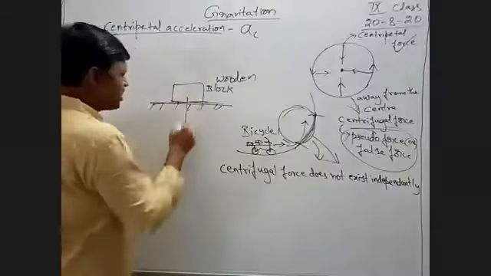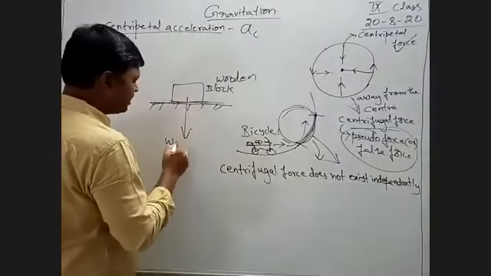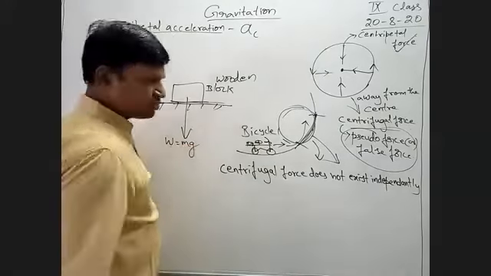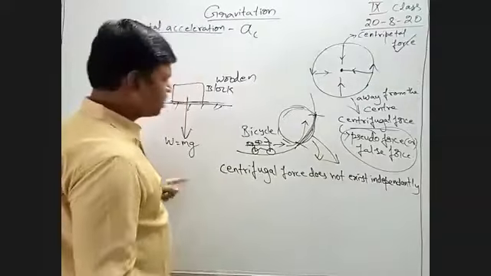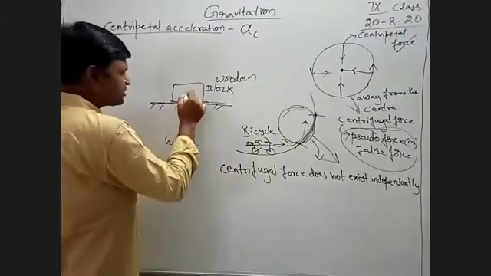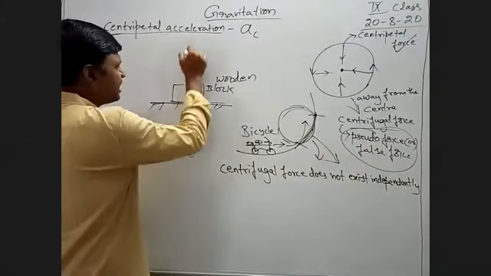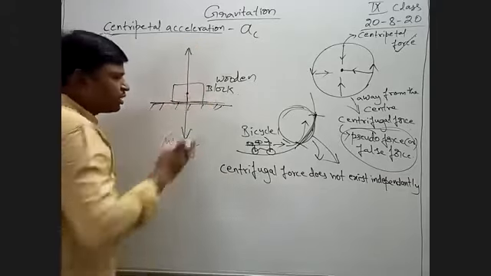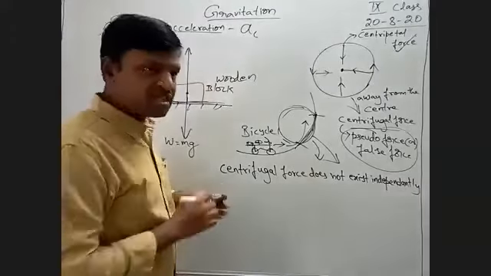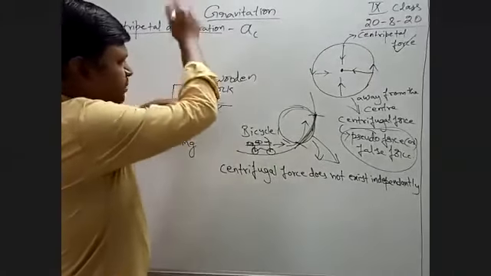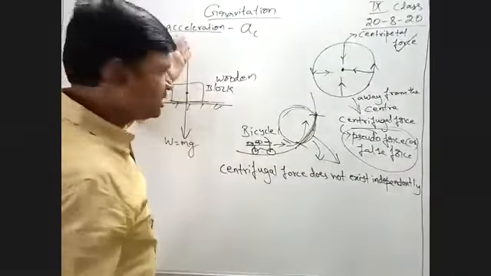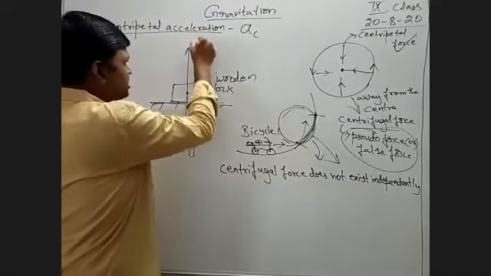One force is its weight, which is equal to m into g, mass into acceleration due to gravity, acting downwards. The other force acts perpendicular to the surface, in the upward direction, which is called the normal force.